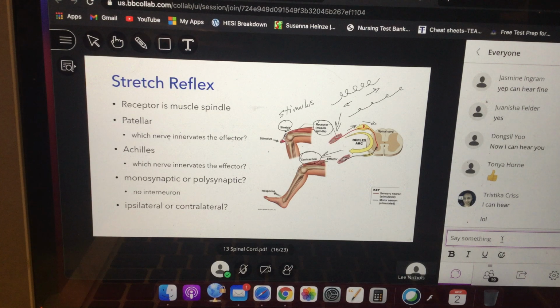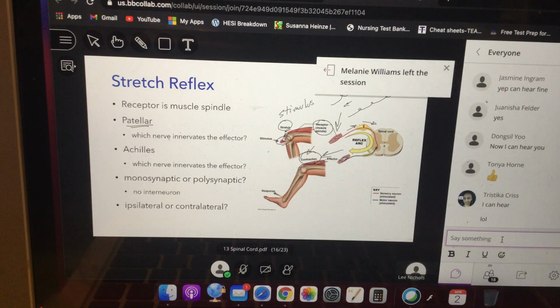Okay? Now the patellar stretch reflex is a specific one. The patellar stretch reflex is one that involves stretching the patellar tendon and contraction of the quadriceps muscles on the front of the thigh. So at the top of page 173, it's asking what nerve would that be? Well, we just talked about it.